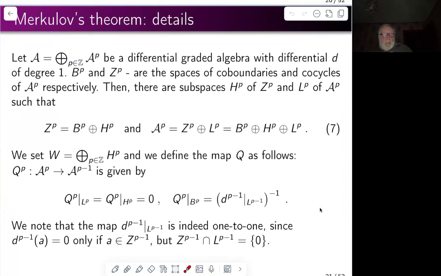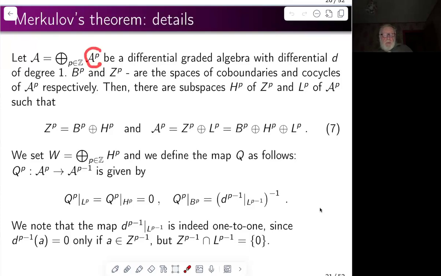Let's consider the differential graded algebra with differential D and the graded data of degree p, which we split in the following way.